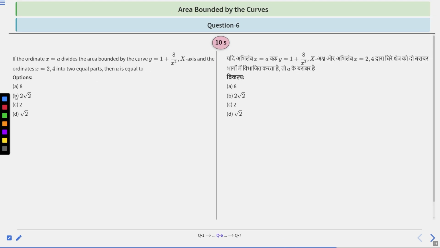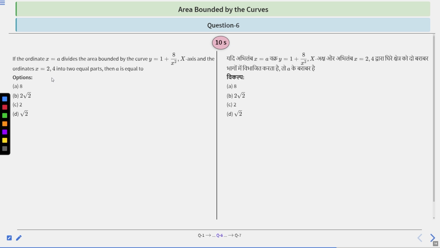Question number 6, which says that if the ordinate x equal to a divides the area bounded by the curves y is equal to 1 plus 8 by x square, x-axis, and the ordinates x equal to 2 and x equal to 4 into 2 equal parts, then a is equal to.